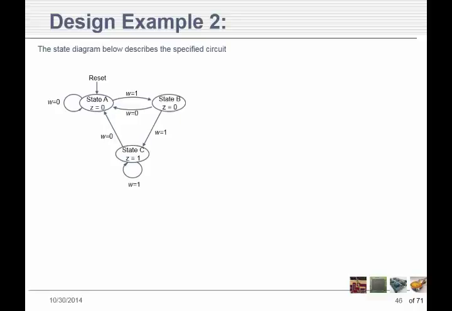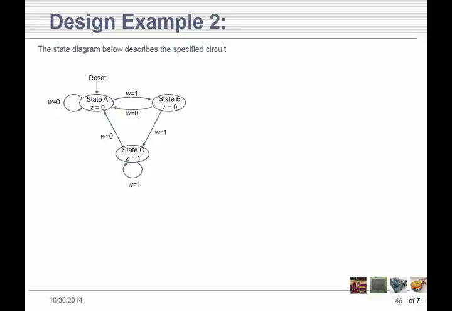I got state A. That could be state 1. I've got here that the output Z is 0. If W, my input, is 0, then I just want to sit here. I haven't seen any 1s yet, so I just want to sit here.